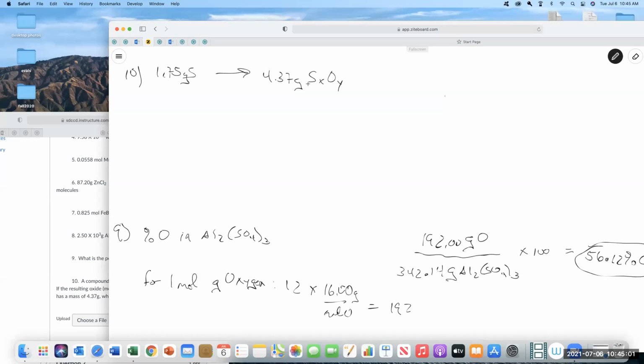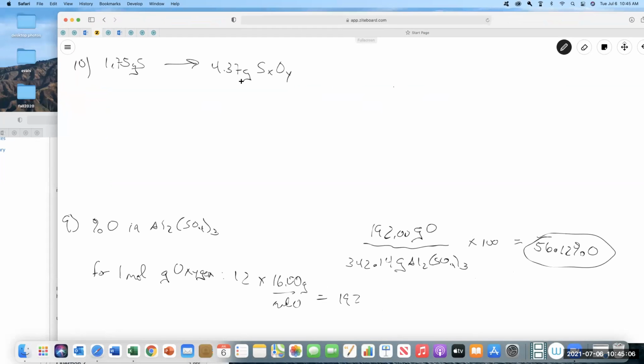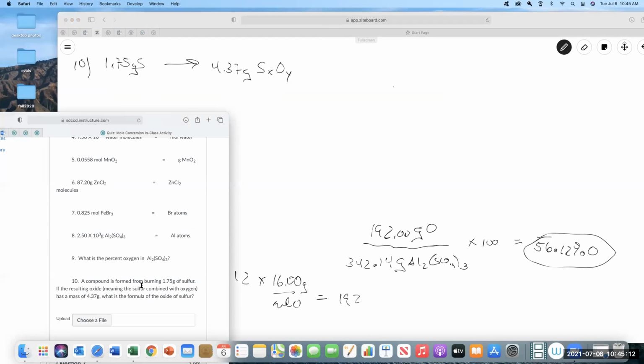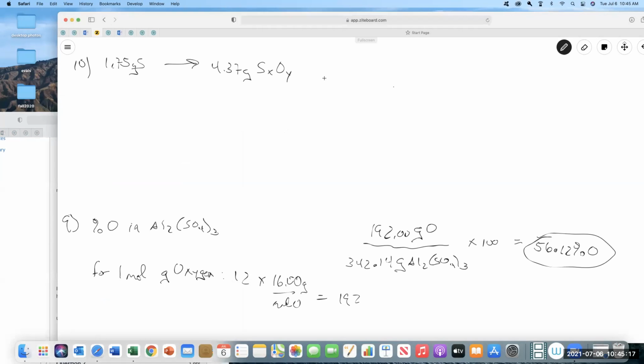We want to come up with that formula. We haven't done a lot of chemistry in terms of coming up with it, but you can get the oxygen by subtraction, by the law of conservation of matter. It combined with oxygen, so the rest of it has to be oxygen. So the oxygen is going to be 4.37 minus 1.75. So there's 2.62 grams.